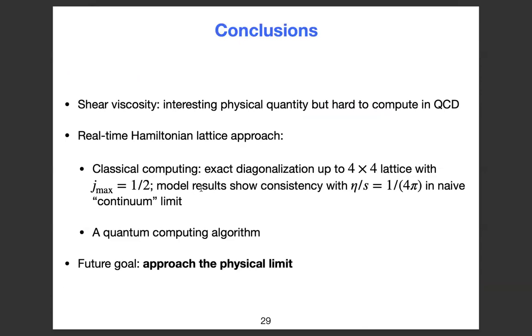And our naive continuum limit extraction shows consistency with the holographic result 1/4 pi. We also discussed the quantum algorithm to do the calculation on a quantum computer. Hopefully the quantum algorithm can take us far, and the future goal is to really achieve the physical limit for these calculations. Thank you for your attention.